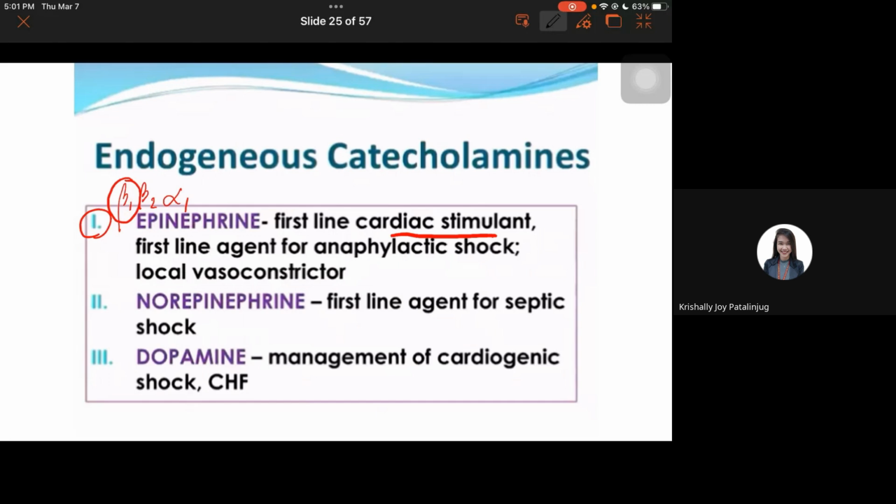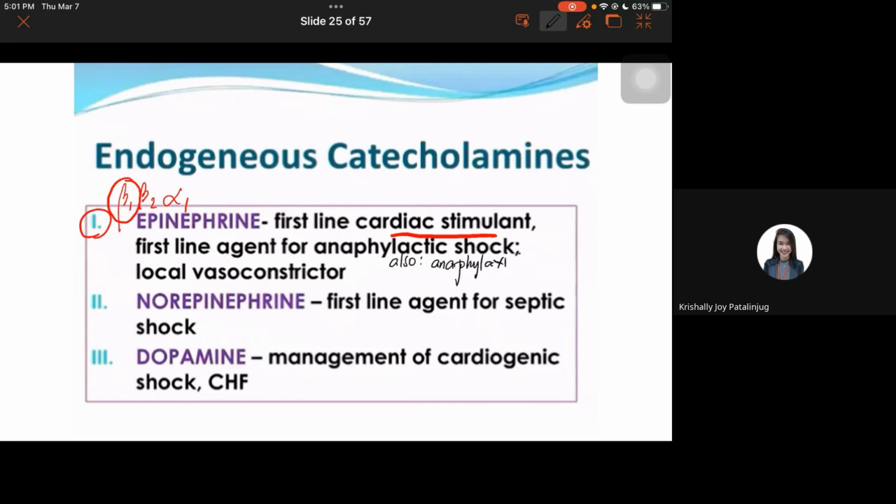Next, first line agent for anaphylactic shock. Okay. Actually, aside from anaphylactic shock, maraming anaphylactic cases or anaphylactic conditions, states, kung saan pwedeng gamitin si epinephrine. So aside sa anaphylactic shock, kindly add also, pwede din gamitin si epinephrine during anaphylaxis.